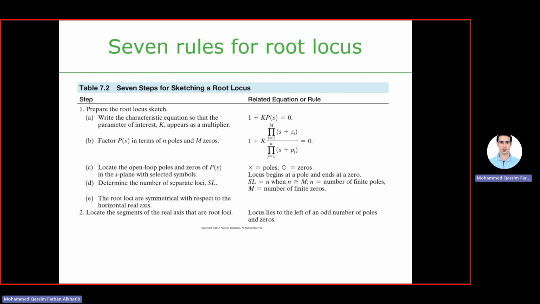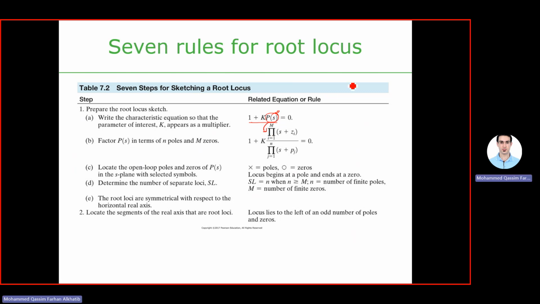All right, so the rules are: step 1, prepare the root locus sketch. Make the function in this form: 1 plus kP(s), where P is the characteristic equation. Write the characteristic equation so that the parameter of interest k appears as a multiplier. Now substitute this P of s into the form of zeros over poles factorized.